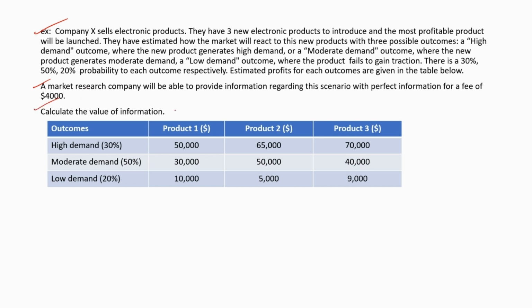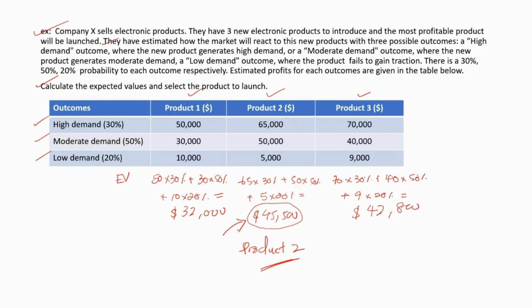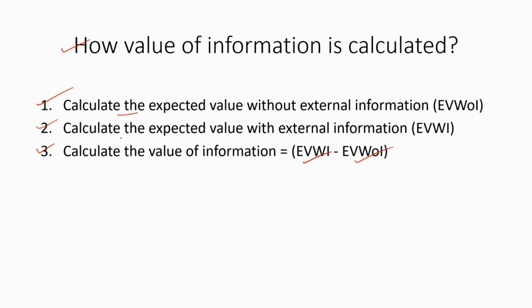So let's go back and see what are the steps in order to calculate the value of information. These are the steps. First step is to calculate the expected value without external information. We already calculated this figure, which is this value. The second step is to calculate the expected value with external information.